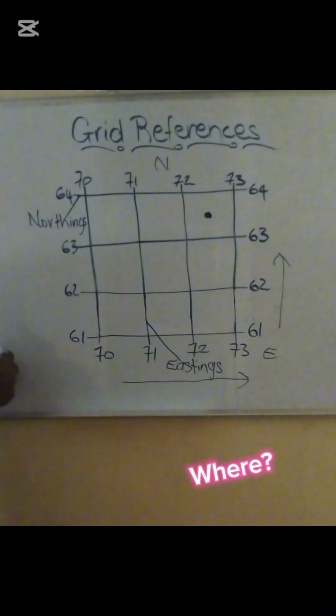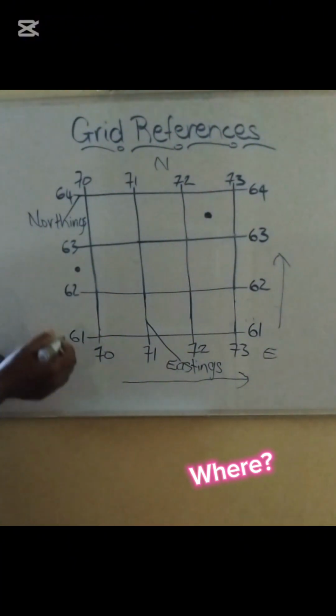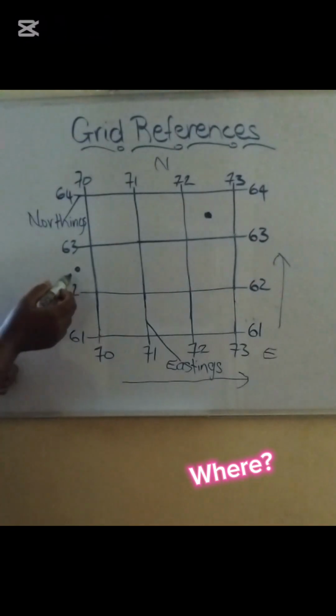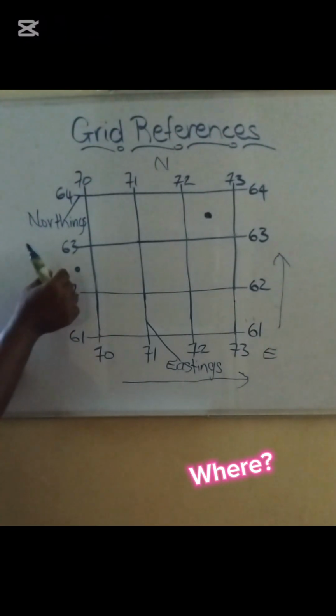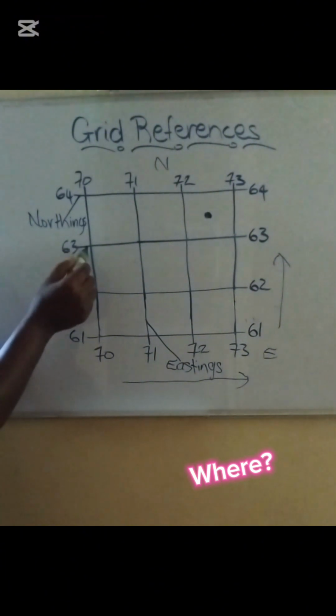Okay. Now, if we should do another 4-figure grid reference, supposing there is a school right here, what would be the 4-figure grid reference for this school? Let me move it from here and put it right there, okay? School.